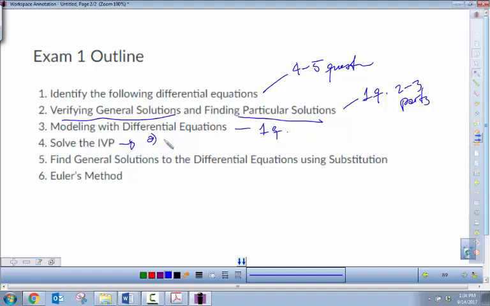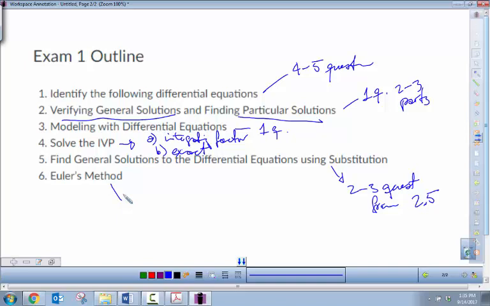The first one is going to be the first order linear integrating factor. And then part B is exact. And then find a general solution to the DE. This is 2 to 3 questions. What section was that again? You said, Victor? 2.5. And then Euler's method.